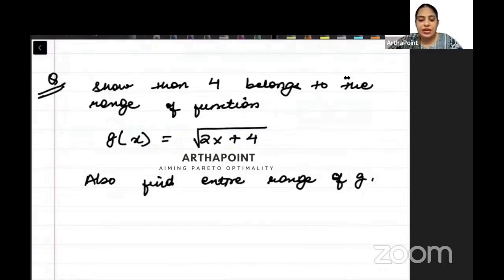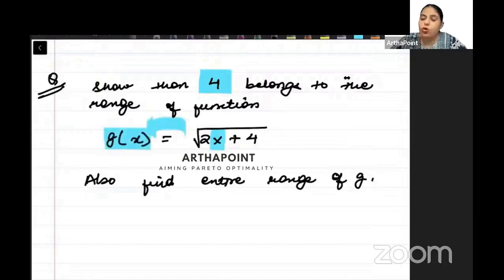हमें ये बताना है कि 4 function के range में है. रेंज में होने का मतलब ये है कि किसी x की वैल्यू के लिए फंक्शन का जो आंसर आता है वो 4 आता है. What is the meaning of range बच्चे? Range means that for some value of x, the answer that the function takes is 4. 4 can be one of the values of the function.